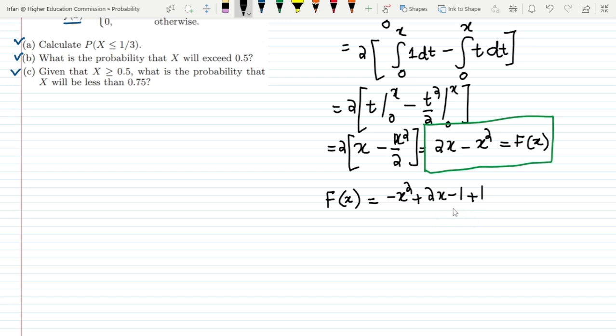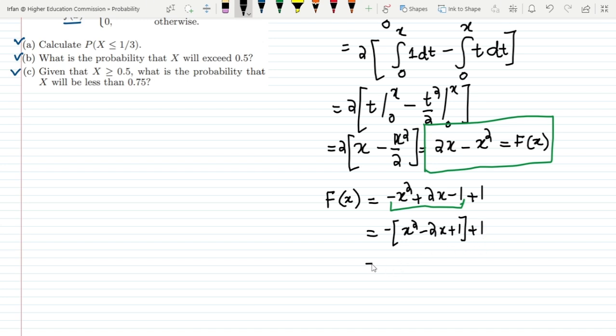Now I can very easily see that this is a function which is the factorization of x minus 1. If I take this negative sign common, here I will have minus, and here x square minus 2x plus 1. And the remaining thing will be plus 1.